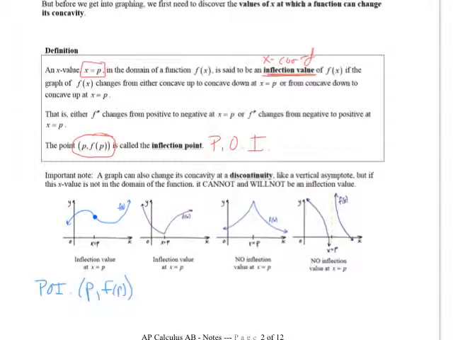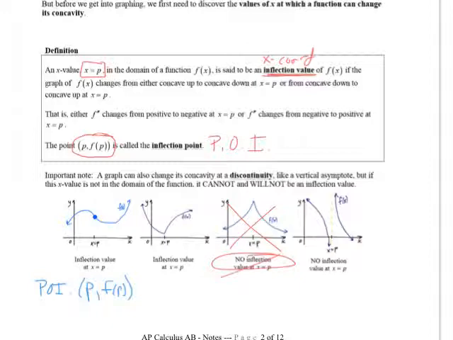This one we have concave up to concave up, so no inflection. And the last one, we have concave down to concave up, so you'd want to say that it's an inflection value, but the function does not exist there, so we can't talk about an inflection point there, even though concavity changes.